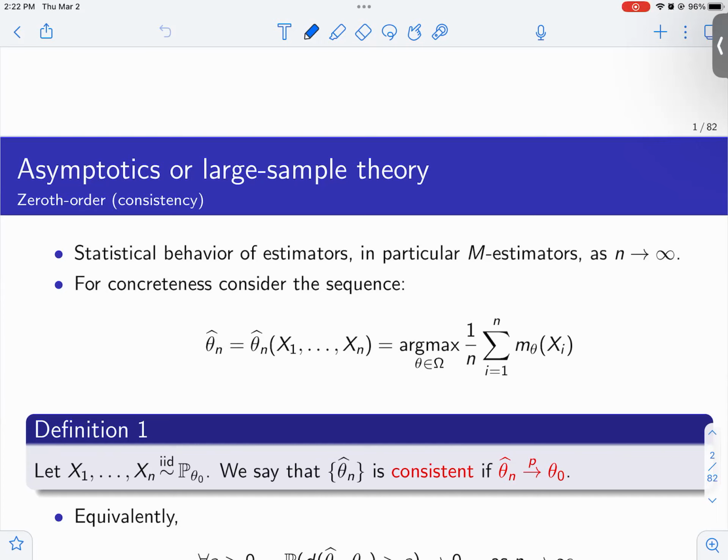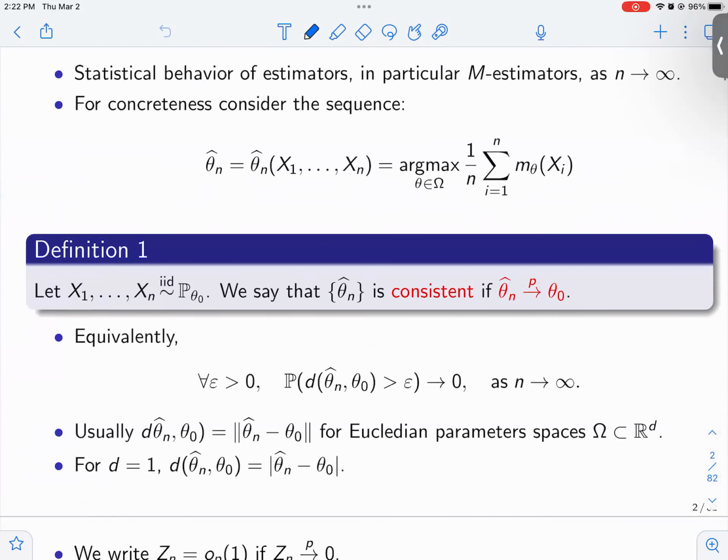In this asymptotic setting, you can ask for certain desirable properties of an estimator. What are some of the desirable properties of estimators?